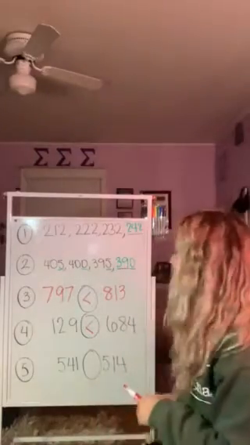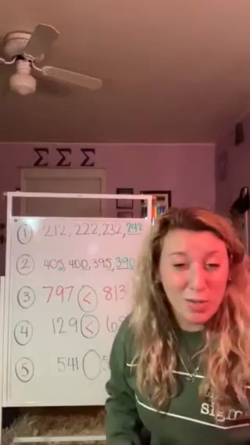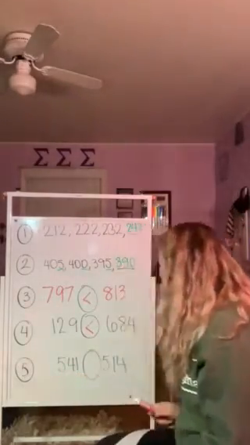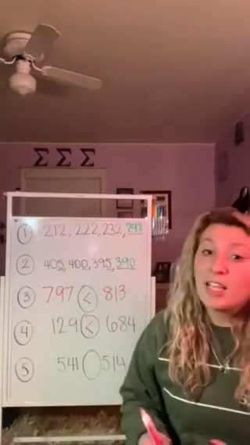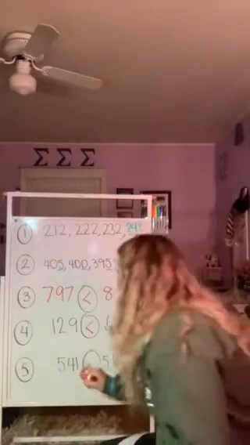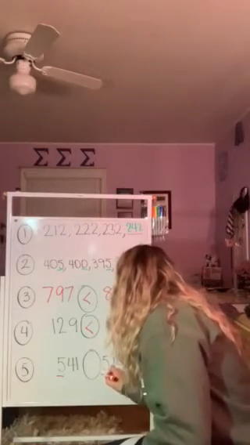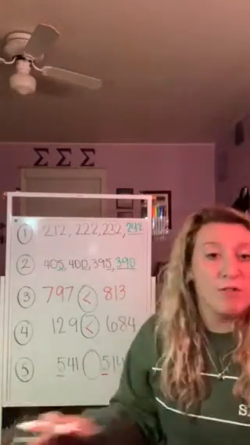Okay, we have one more problem to go over today before I think you guys will be ready to take your test tomorrow. So, we have 541 and 514. So let's take a look at these place values. I see a 5 in the hundreds place over here, a 5 in the hundreds place here. But we're not done yet. The number isn't 500 and 500.